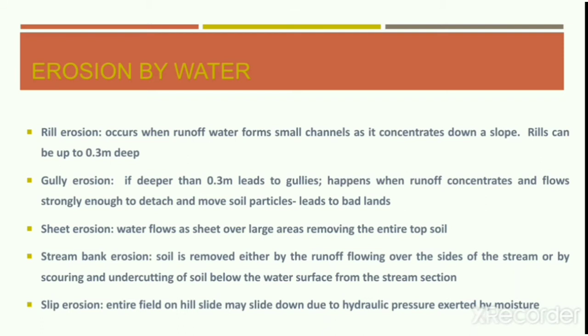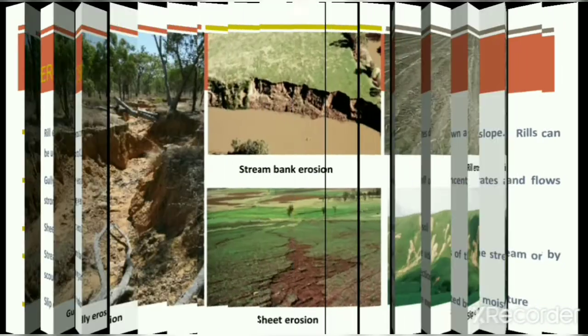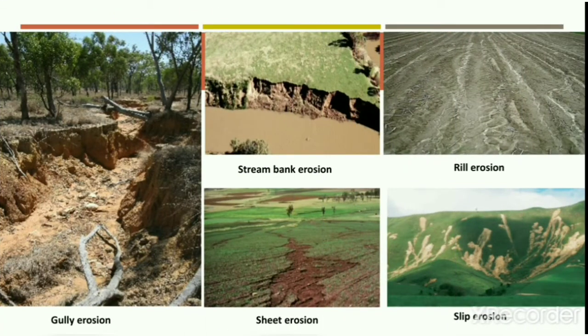The rill erosion generally occurs when the runoff water forms small channels as it concentrates down a slope. The rills can be generally up to 0.3 meter deep. The gully erosion occurs if these rills or the channels are deeper than 0.3 meter.